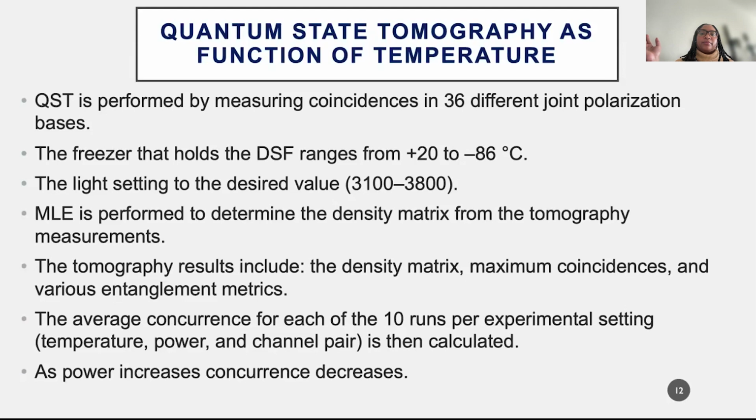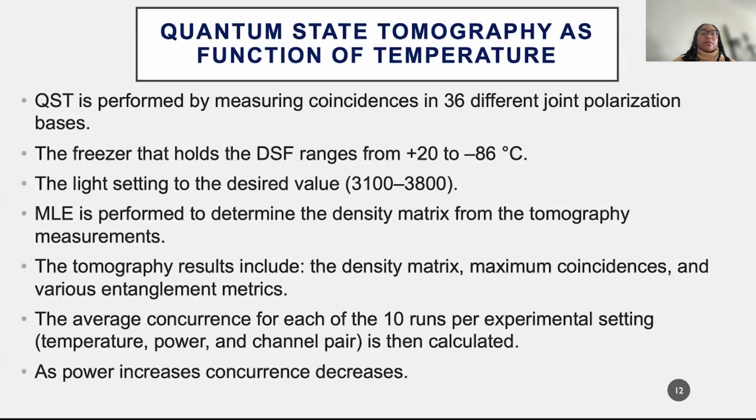We then measure the coincident detections of both photons in 36 different joint polarization bases. This is specific to our experiment; you can pick whatever combination you would like, but this is what we chose to do. The set number of gates is chosen so that the max number of coincidences at any joint polarization pair is greater than 1,000.